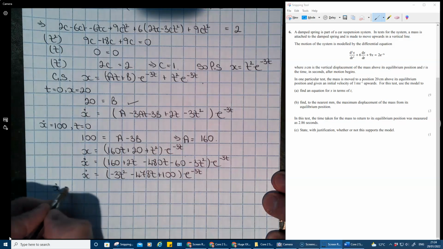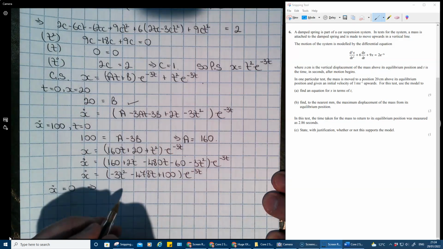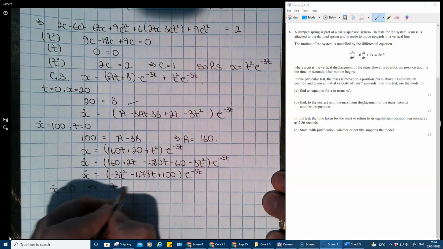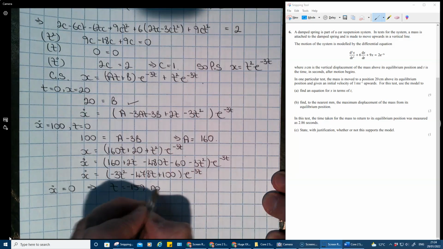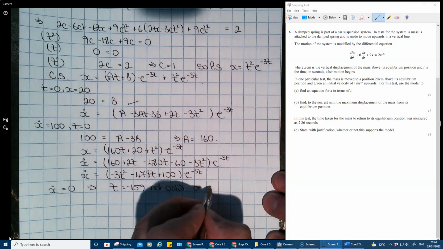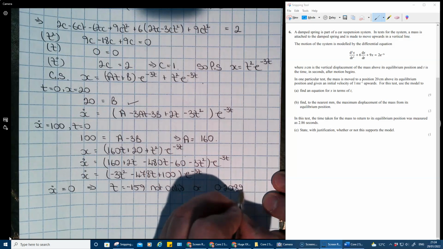So x dash equals 0 implies, I'm going to solve this quadratic, t equals minus 159, which is not valid, or 0.2089.